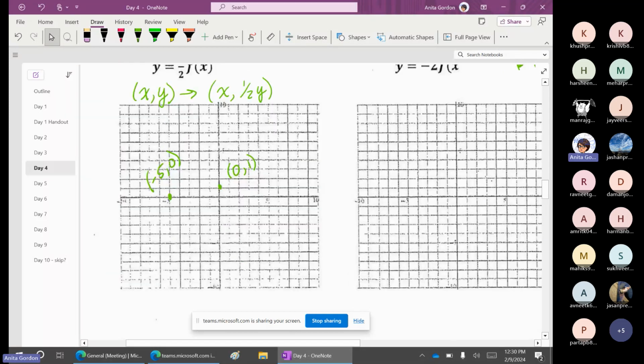So 0, 1 is correct. Where's my third point? 5, -2.5. Yes. You could also write it as 5, -5 over 2, which mathematically makes sense, but when we go to graph it, sometimes hard to see, right? So using decimals is useful. All right. So again, we've squished it down. This is a compression.